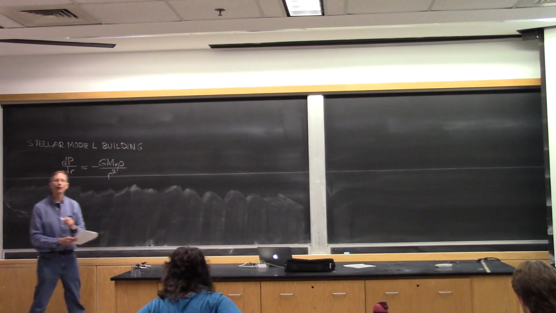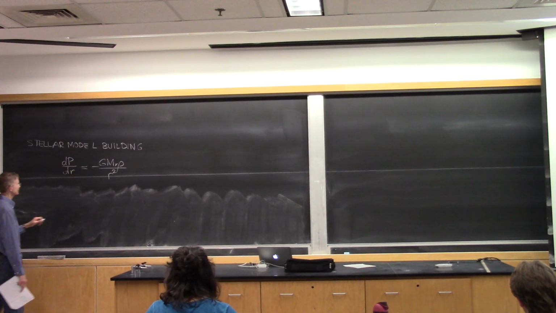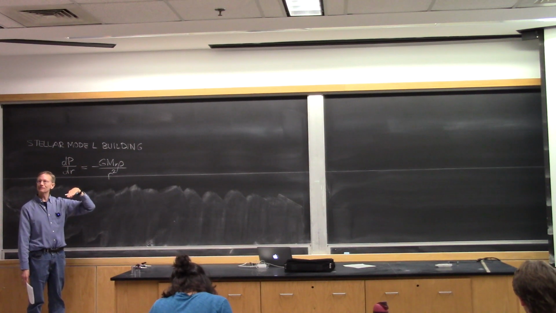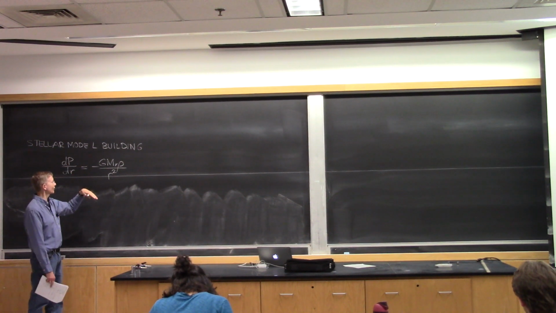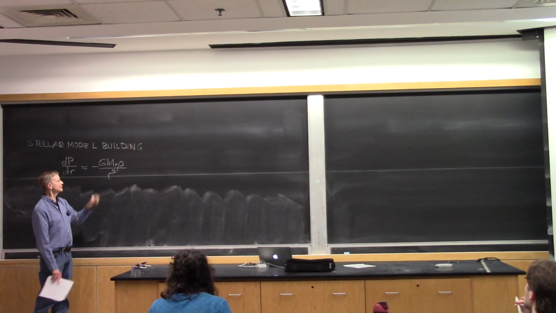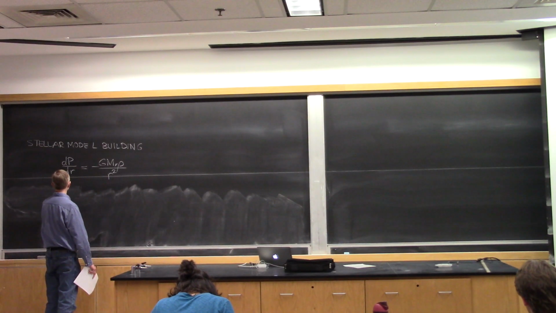I hope that rings a bell from last semester. This is saying the pressure gradient is minus G m_r, where m_r is the mass interior to radius r, mass within a sphere of radius r centered on the center of the star, times the local value of the density divided by how far you are from the center, r squared. And so that's hydrostatic equilibrium.